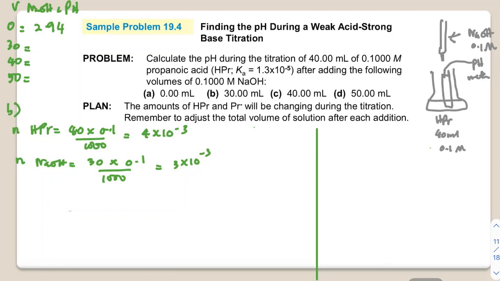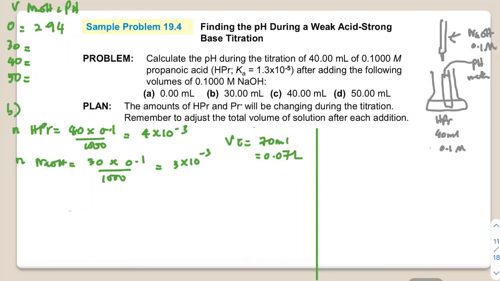And then the V total after the addition will be 40 plus 30, so 70 ml, equal to 0.07 liter. It is important to calculate the V total because later we have to calculate the new concentration.